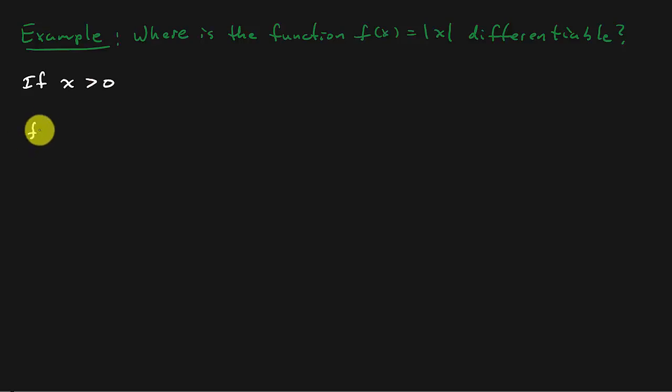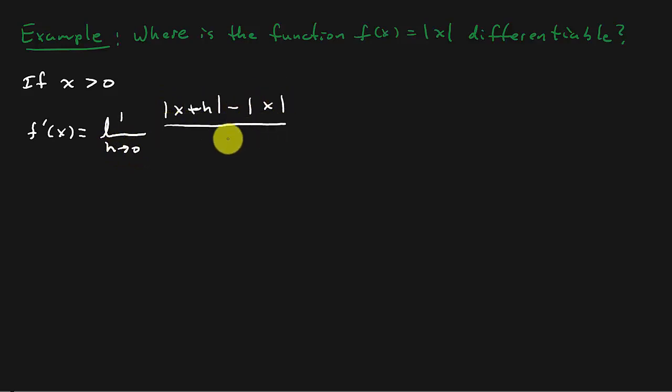We would have f prime of x equal to the limit as h goes to 0 of the absolute value of x plus h minus the absolute value of x, over h. Remember, h is really small, going to 0.